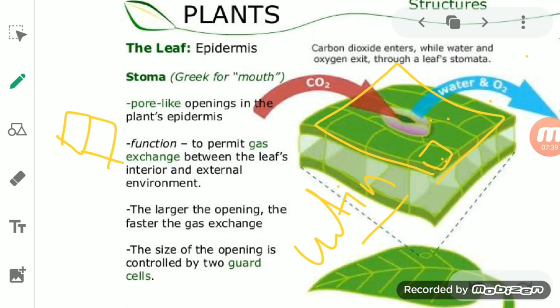Now this cuticle is not present in the roots. It is basically present in the leaves and the stems, on the leaf surface, but it is not present in the root epidermis.